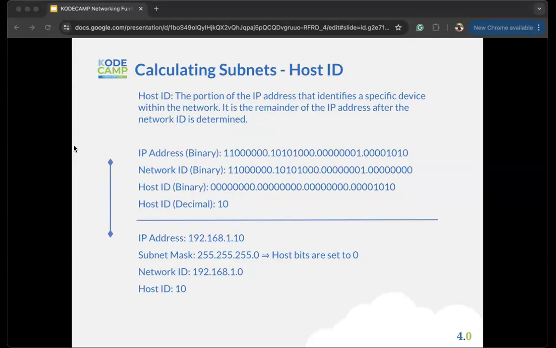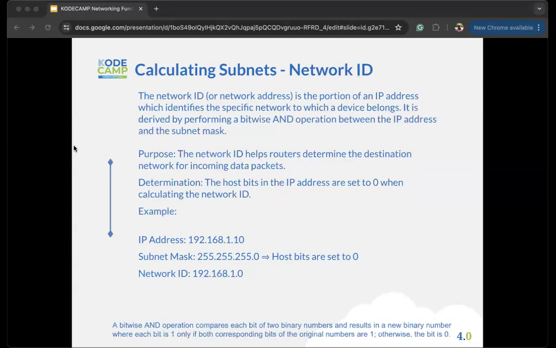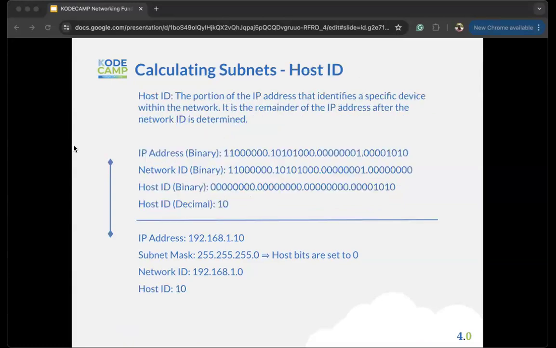Now the host ID is the portion of the IP address that identifies a specific device within that network. It is basically the remainder of the IP address after you've used your subnet mask to derive the network ID. The remaining part of the IP address will be your host ID.